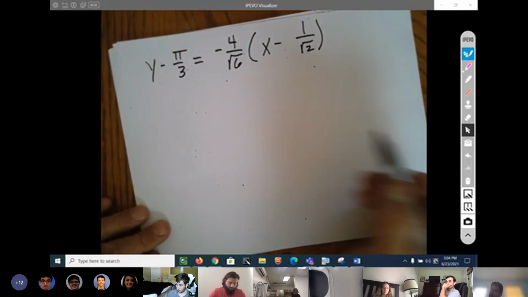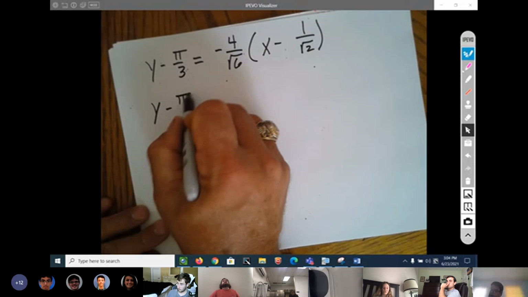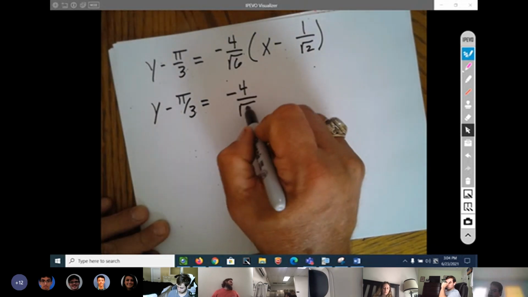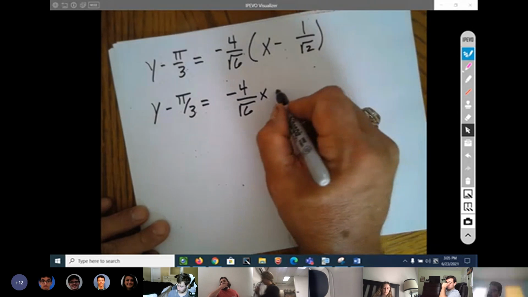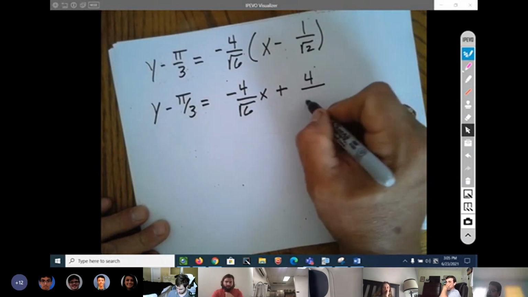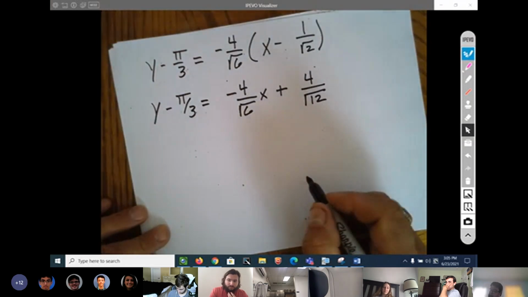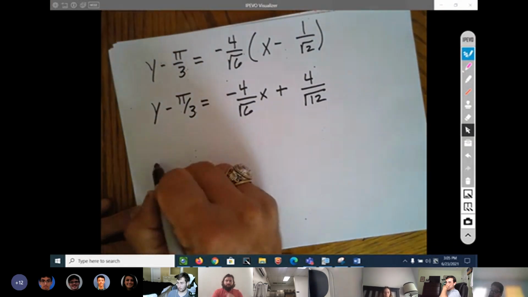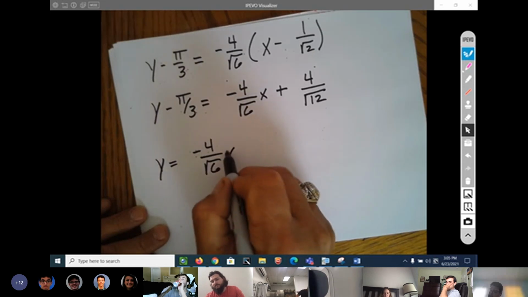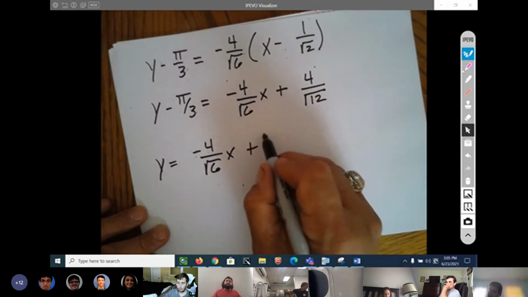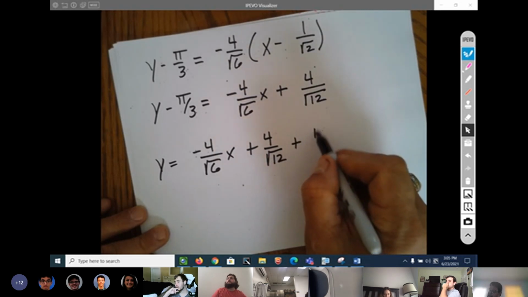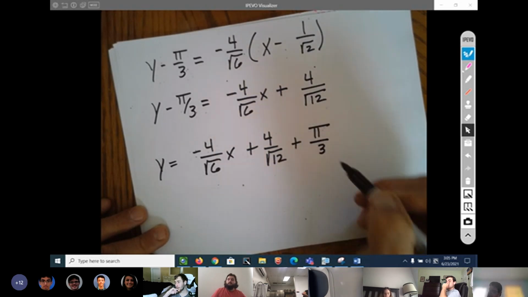All right, that's going to be y minus pi over 3 is equal to negative 4 over square root of 6 x minus, be a plus, 4 over square root of 12. And then y is equal to negative 4 over the square root of 6 x plus 4 over the square root of 12 plus pi over 3.